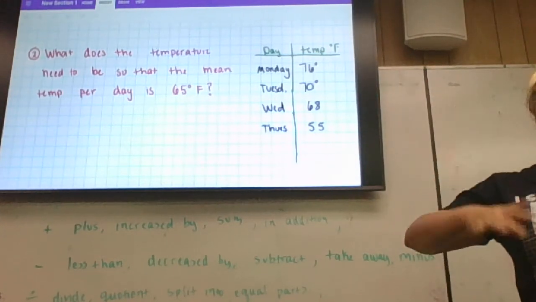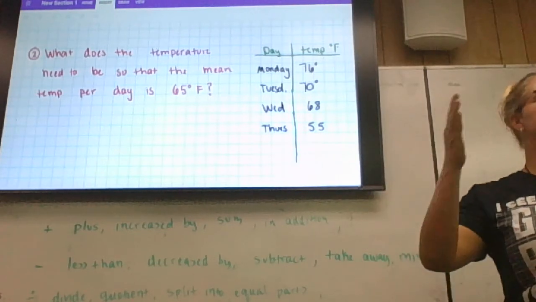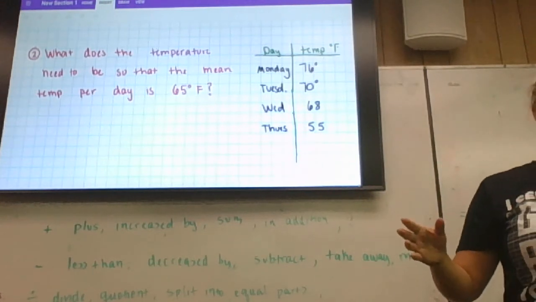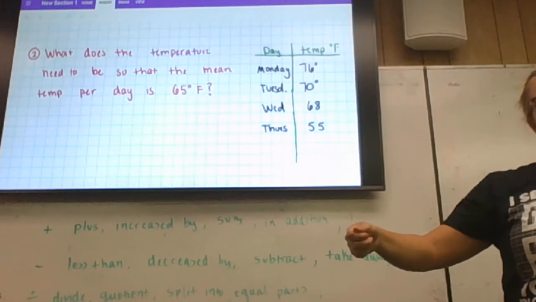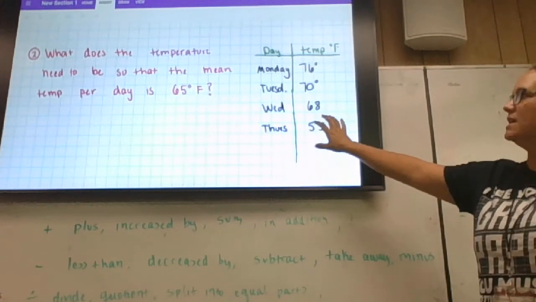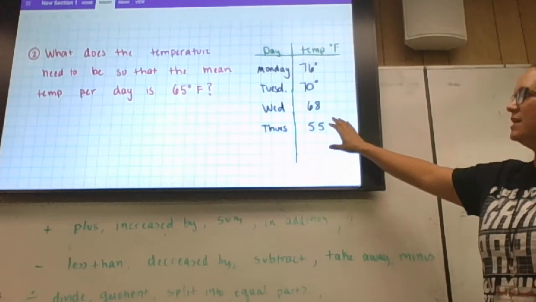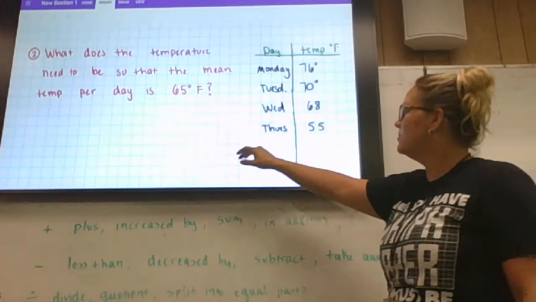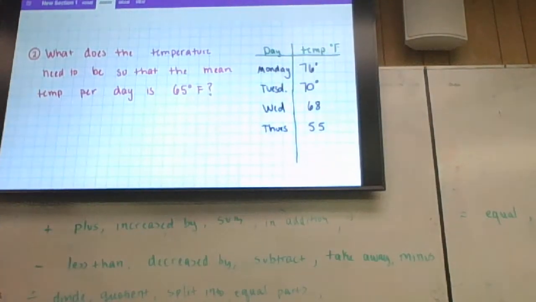So try to model from what you wrote down yesterday. Can you guys look at the problem you did yesterday and set up this one? It says, what does the temperature need to be so that the average temp, I should say on Friday.